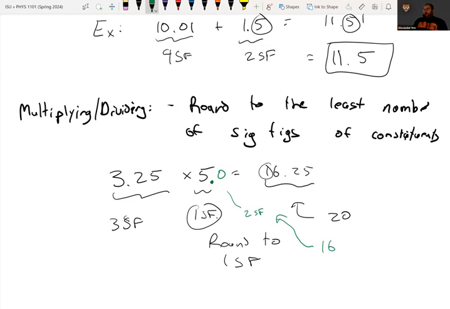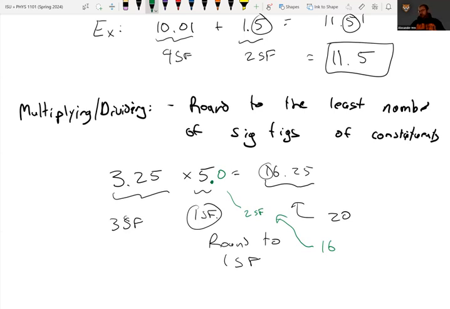One thing to note, if you are dealing with a specific quantity of something, say you're doing a money problem and you're buying 5 objects at a cost of 3.25 a piece, you don't do the sig fig rule with that.